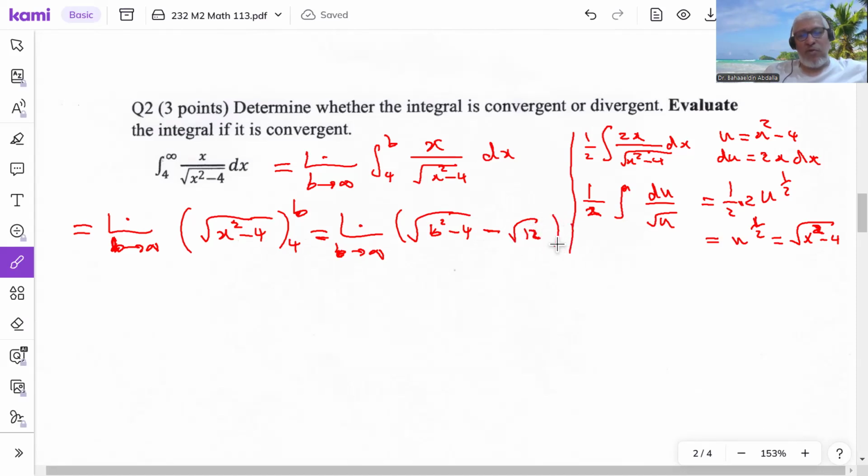So I have square root of 12. Now when I replace b with infinity, I'll have square root of infinity. Infinity squared is infinity minus 4 is infinity. Square root of infinity is infinity minus a number is infinity. So the answer is infinity, and the integral is divergent.